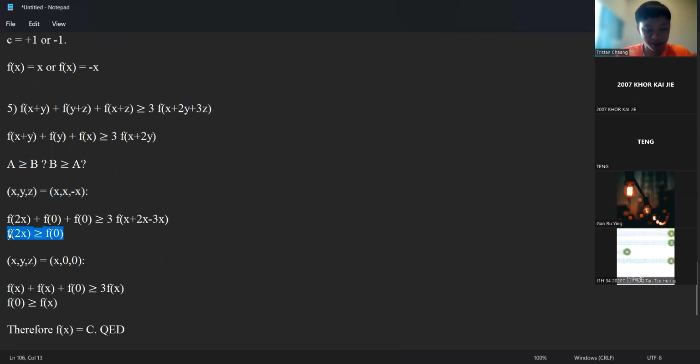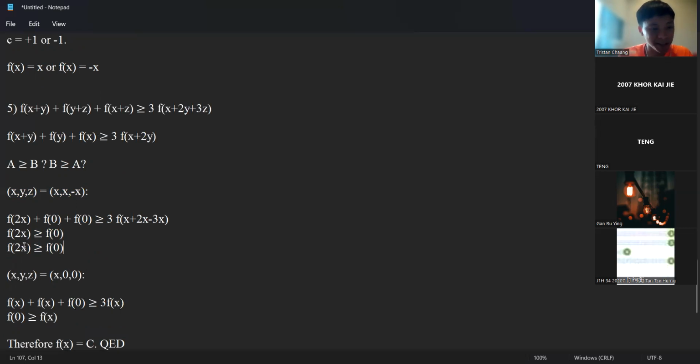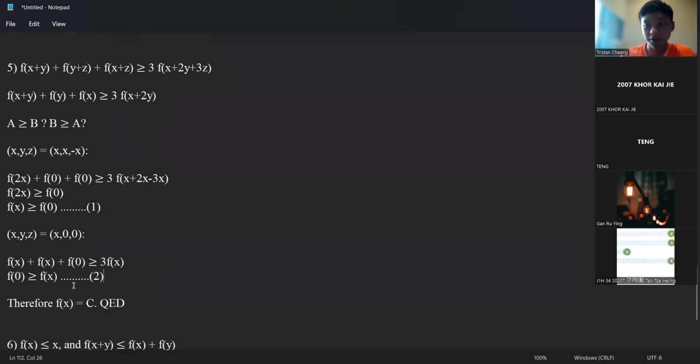Of course this means simply by substituting x as x over 2, this means this. And by a second substitution, we get that f(0) is more than or equal to f(x). So these two imply that f(x) must be equal to f(0), which is a constant, so I'll just rewrite it as c.